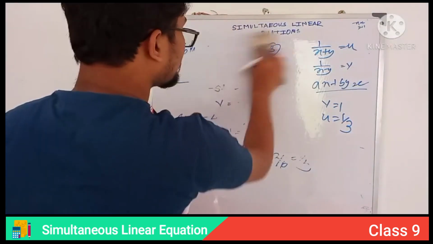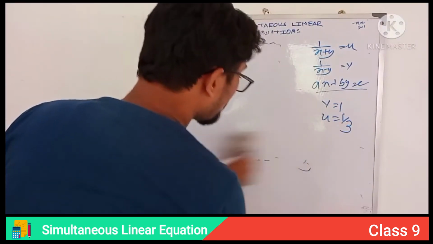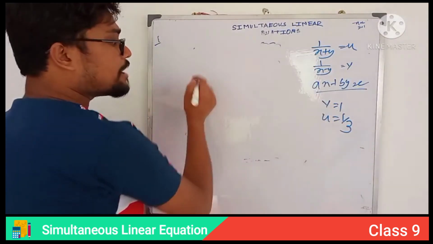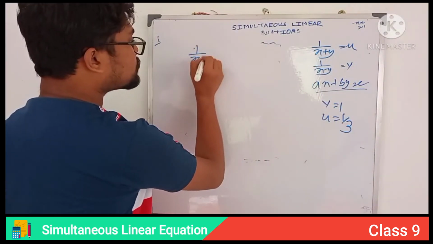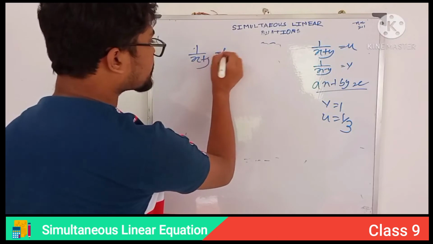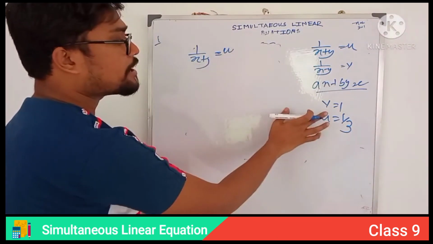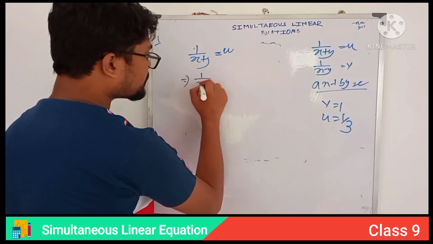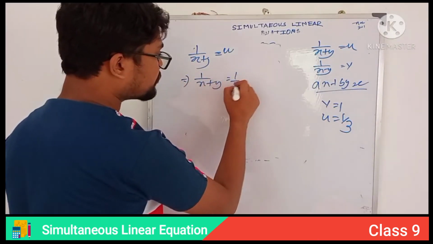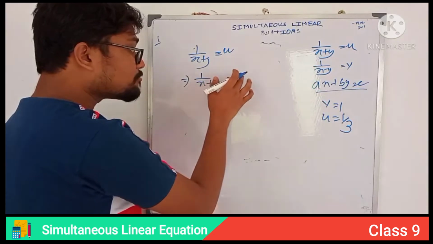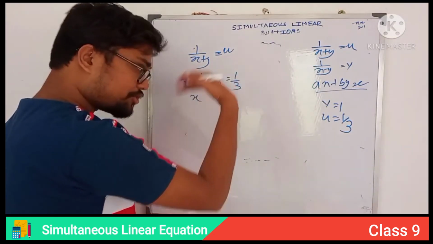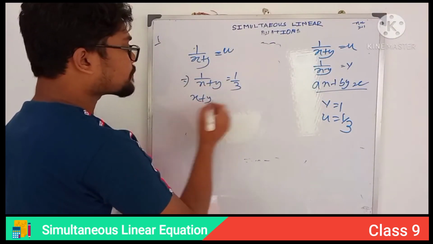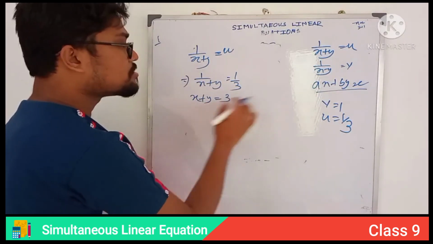Now the last job. 1 by x plus y equals u, and from our elimination method the value of u is 1 by 3. So 1 by x plus y equals 1 by 3. Now we take the reciprocal: x plus y equals 3.